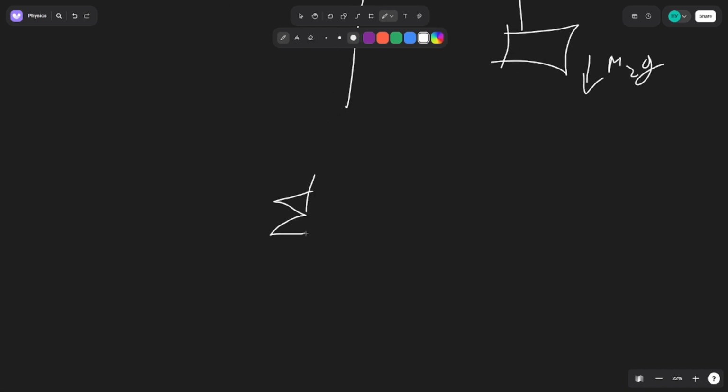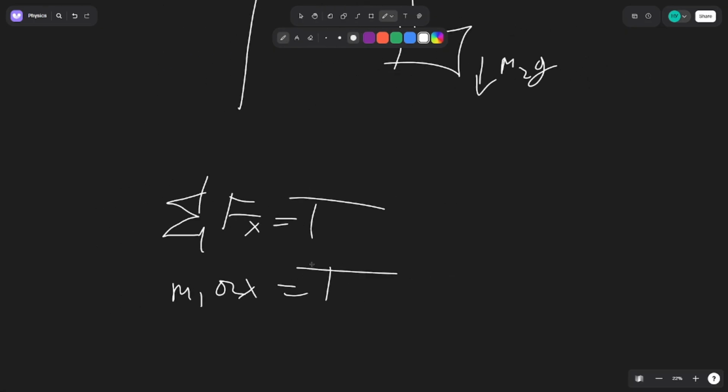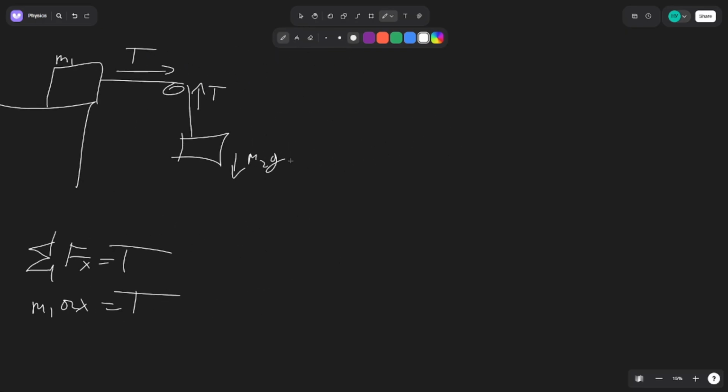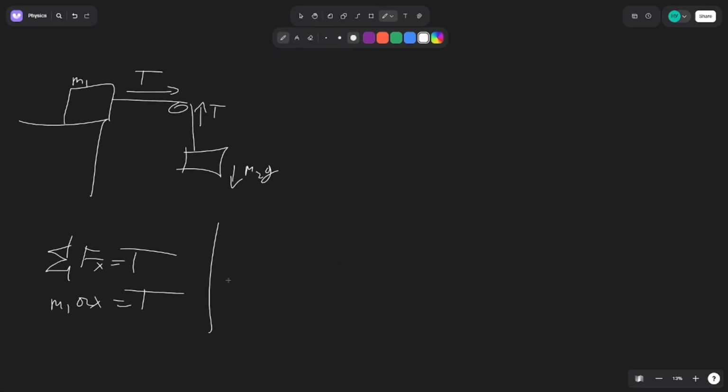So we can represent it like this: the sum of forces on the x-intercept equals tension, so m1 ax equals tension. So for block 2, how are things going?